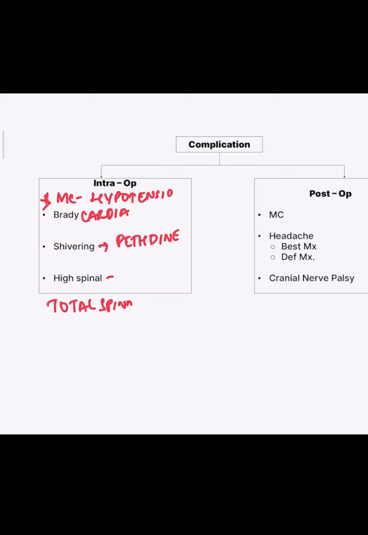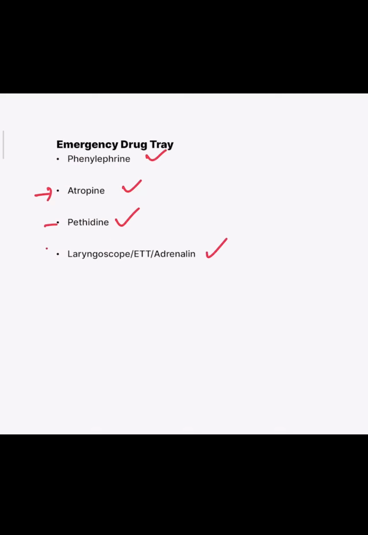But are you worried about total spinal or high spinal? No, sir, I am not worried. Why? Because I have this emergency drug tray where I have kept laryngoscope, ET tube and adrenaline. If he develops total spinal, the patient will have breathing difficulties, so I'll intubate the patient with the help of an endotracheal tube, and if cardiac arrest happens, I am ready with adrenaline.